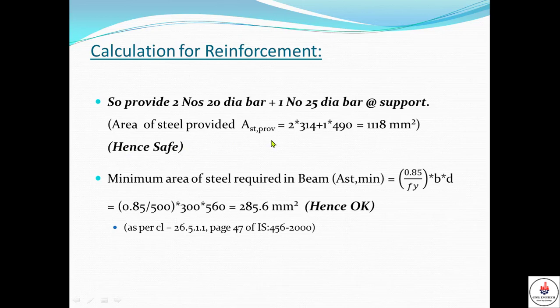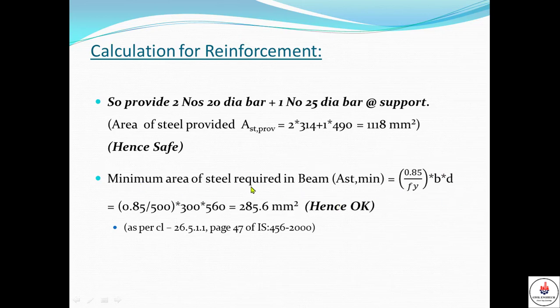After that, we also have to consider whether it fulfills the minimum reinforcement requirement criteria or not. So we have to find out the minimum reinforcement required for the beam. There is a formula for the minimum reinforcement criteria.